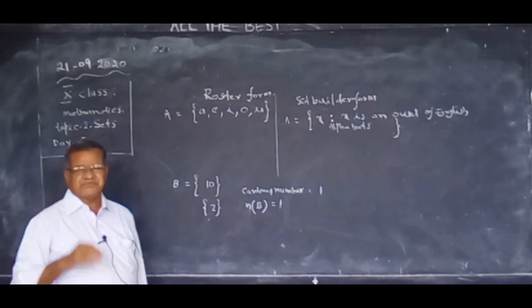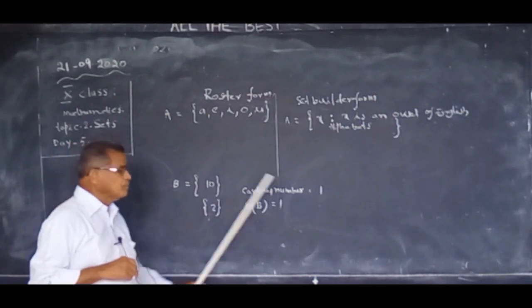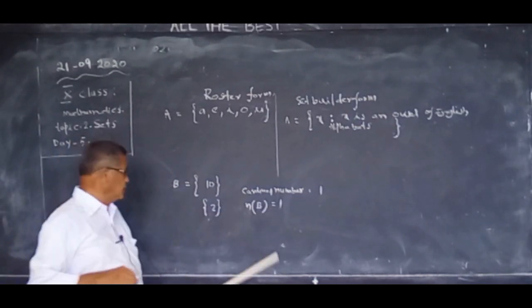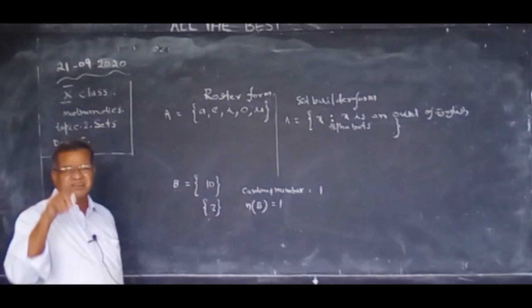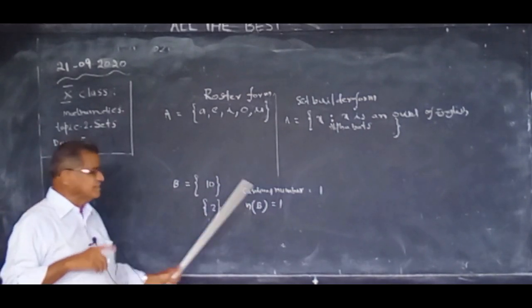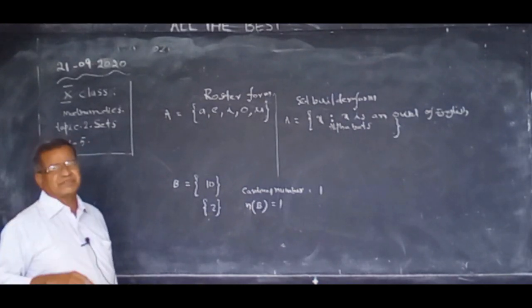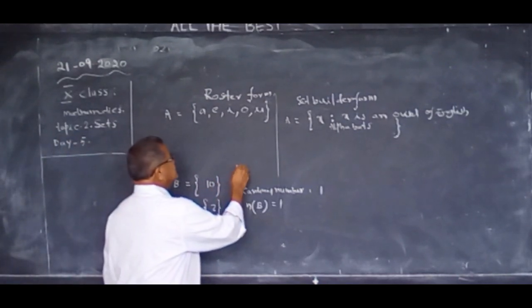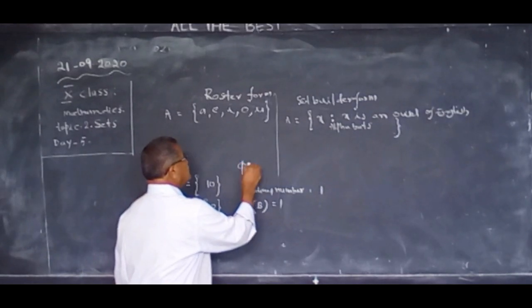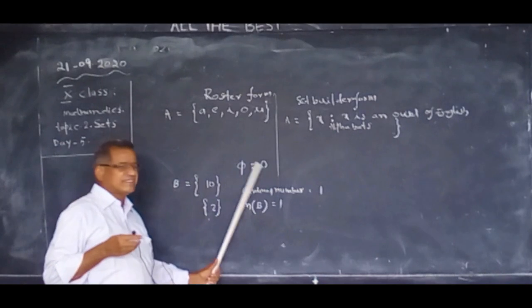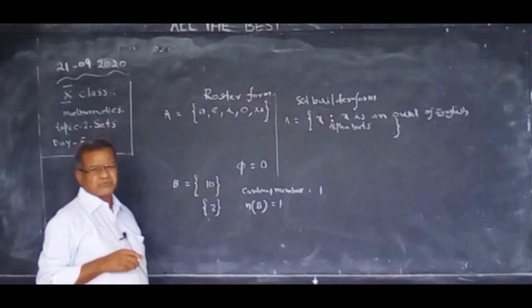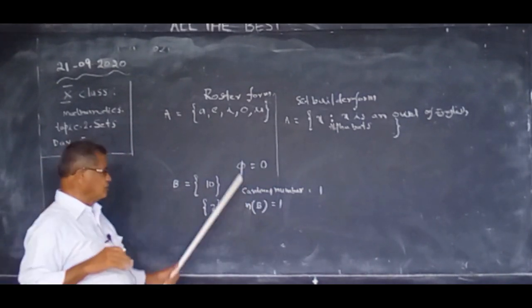Like that, cardinal number means number of elements. In the singleton set, cardinal number is 1, only one element. In the empty set, cardinal number is 0, no elements. The cardinal number of the null set is 0, so don't get confused.